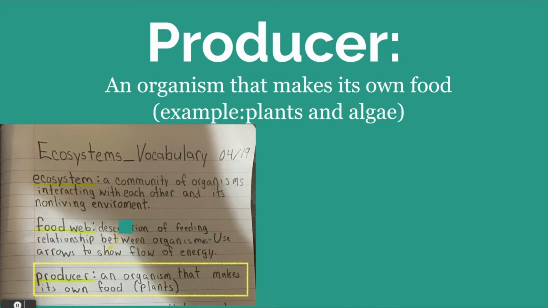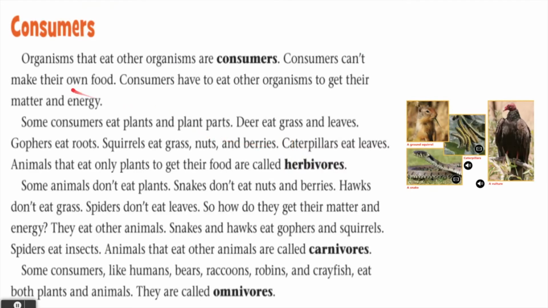We have now added producer into our vocabulary journal. Let's keep reading our FOSS ebook to learn about the other types of organisms in a food web. Other types of organisms are consumers. Consumers are organisms that eat other organisms.